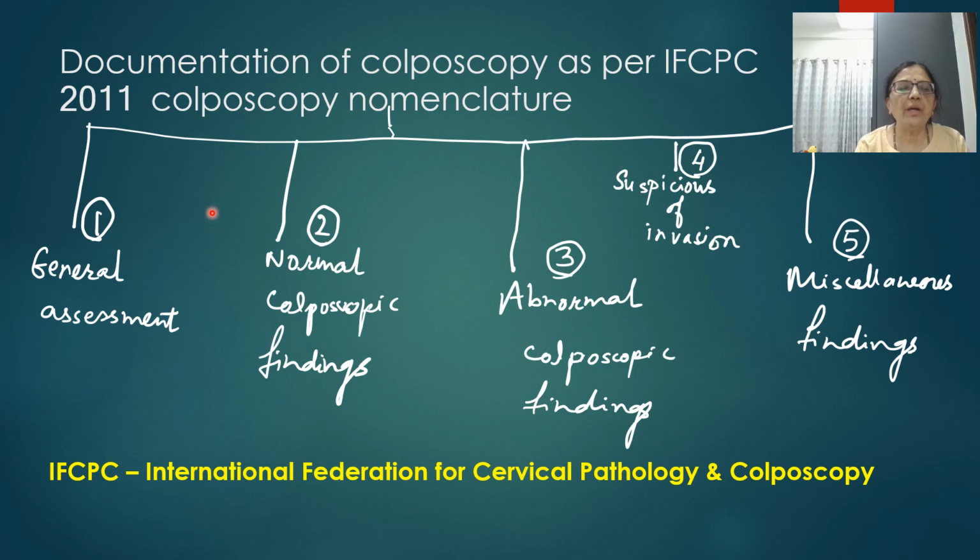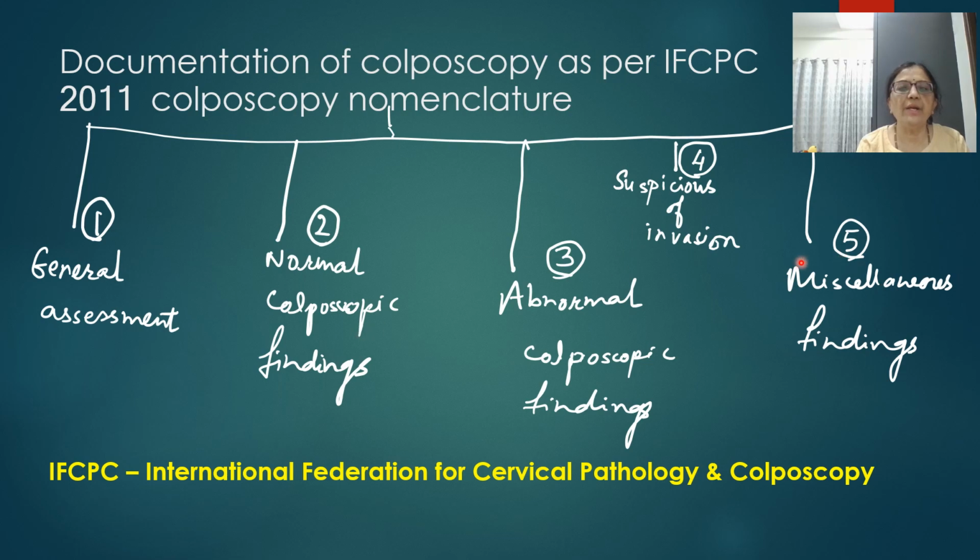They have divided the documentation of colposcopy into 5 compartments. First is general assessment, second is normal colposcopic findings, third is abnormal colposcopic findings, fourth is whether there is a suspicious area for invasion, and last is miscellaneous findings.